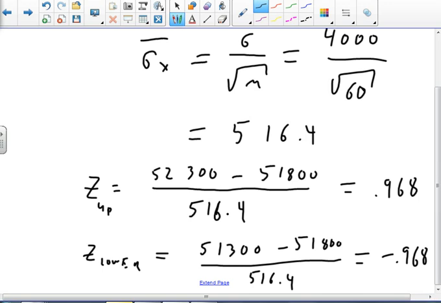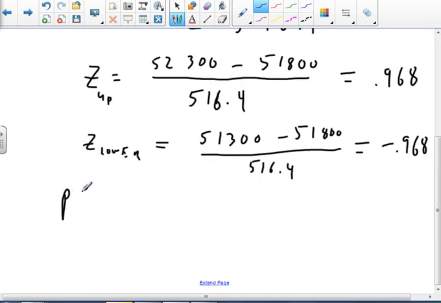Okay. Now we got to find the probability of the upper z guy, the probability of the lower z guy, and then we're gonna subtract those two guys.